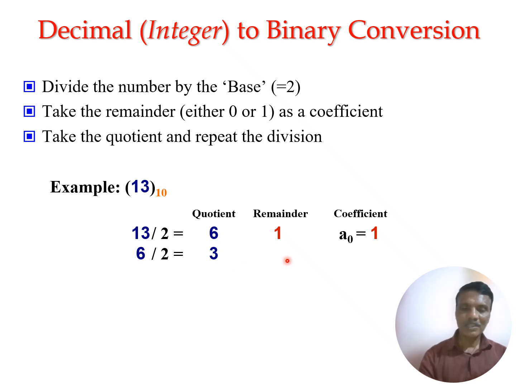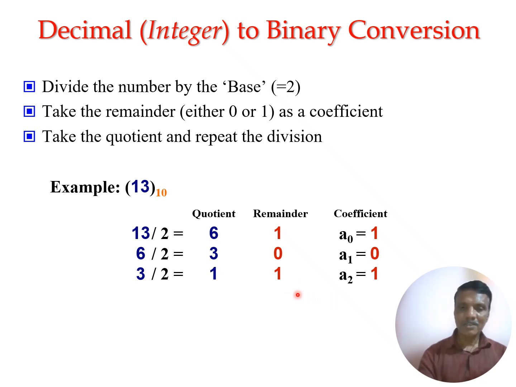That is the next coefficient of the binary value. Okay. Now the quotient is 3. Again I need to divide by 2, that is 3 divided by 2. The quotient is 1 and the remainder is also 1.